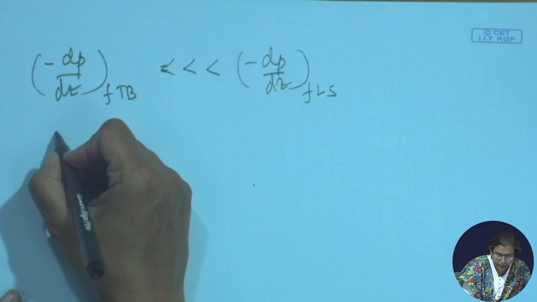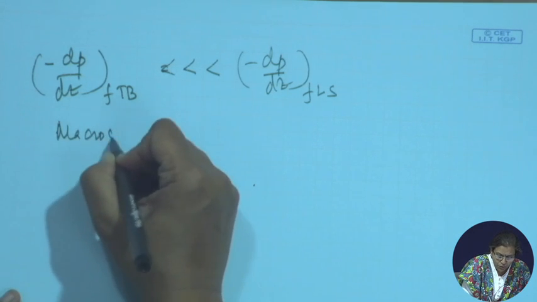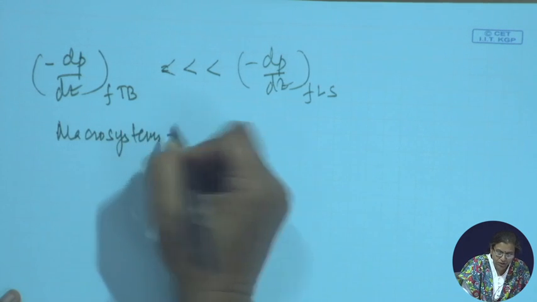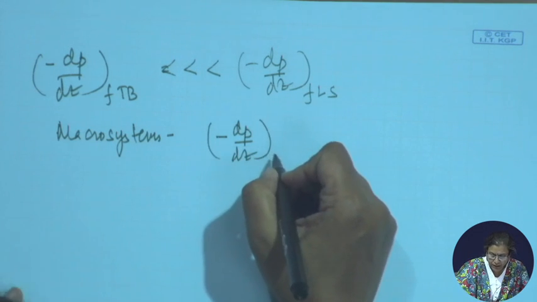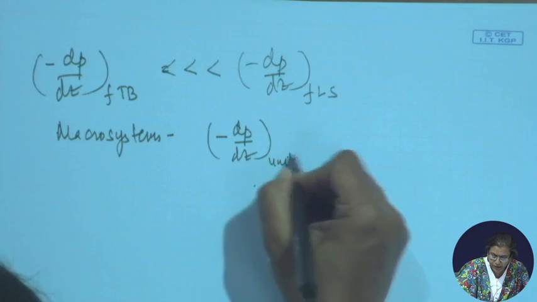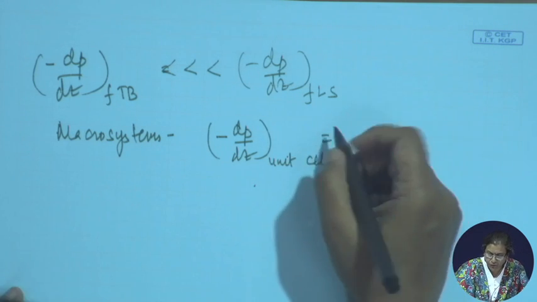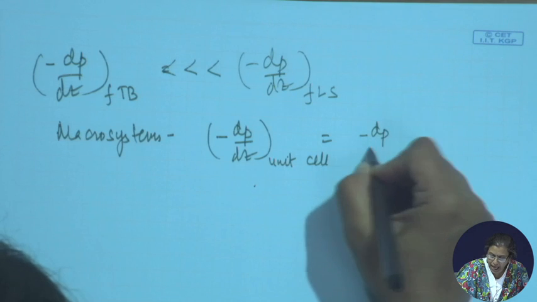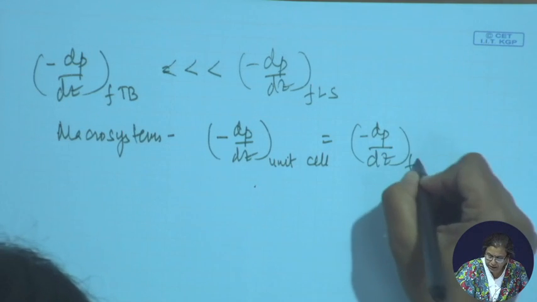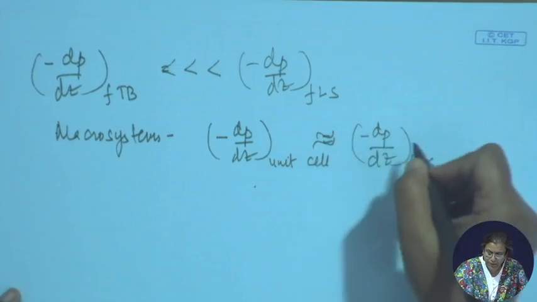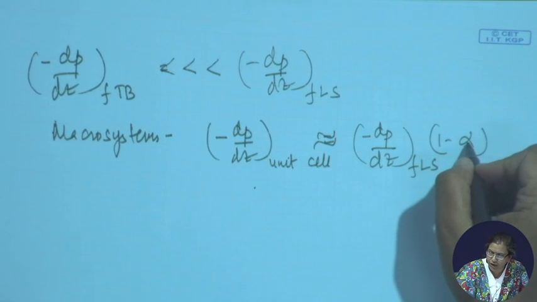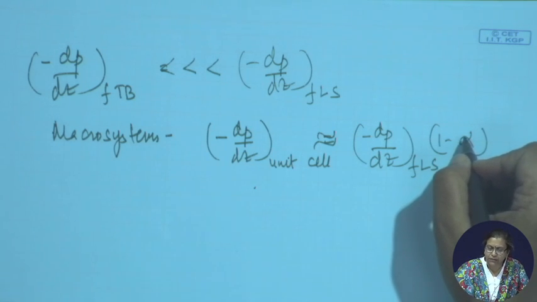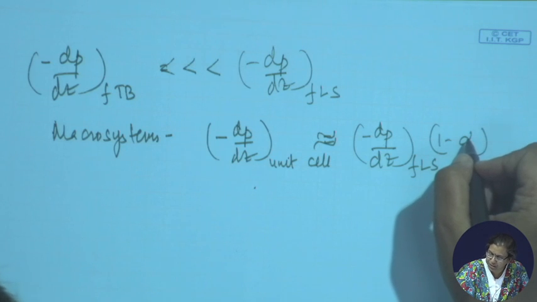So, very frequently for macro systems, the conventional approach is that the frictional pressure gradient for the entire unit cell, for the two phase slug flow, is approximated as the frictional pressure gradient in the liquid slug times 1 minus alpha, assuming that alpha is the void fraction and the entire gas flows as the Taylor bubble, and the liquid slugs are completely unaerated.